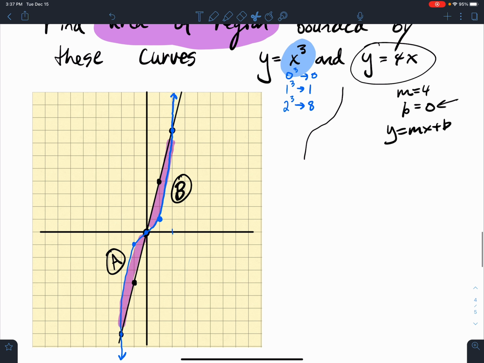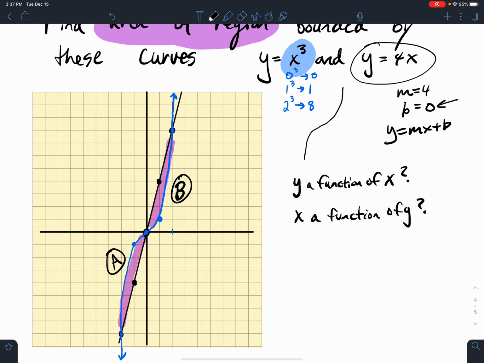But here's what I want you to think about. How is your equation given to you? In what form? Is y a function of x, or is x a function of y? So here we have y equals x cubed and y equals 4x.